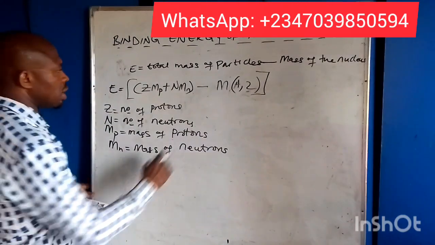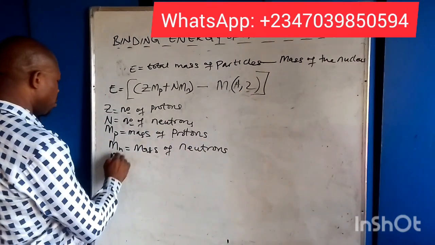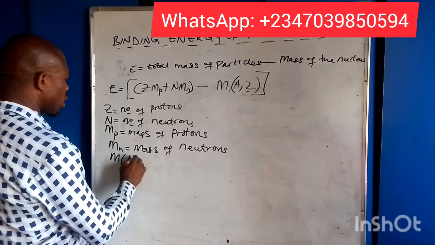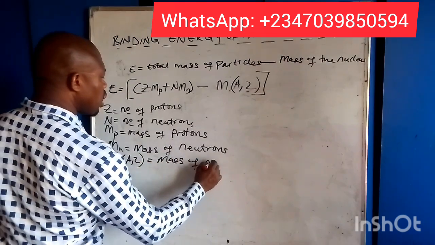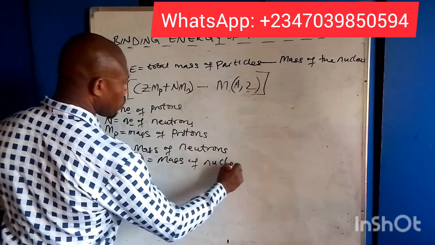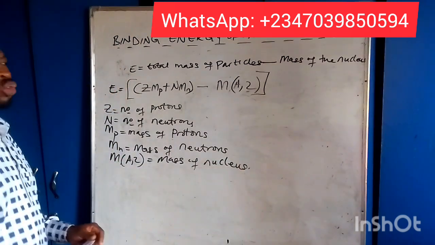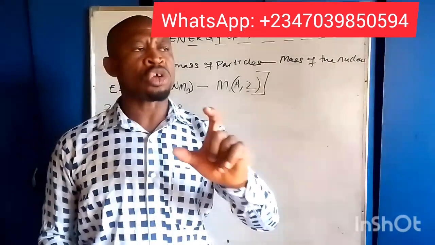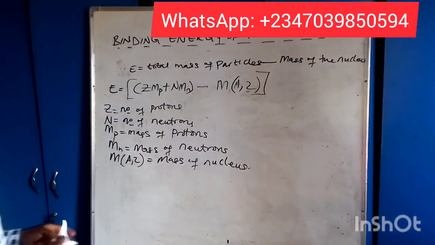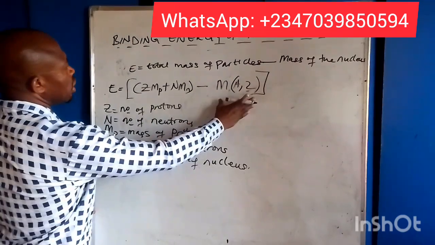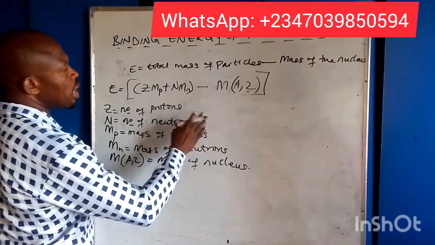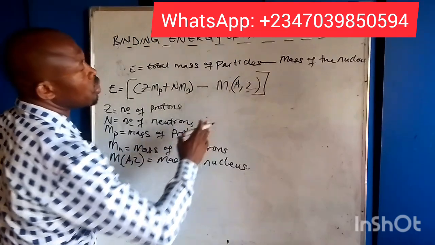So we now have that M of A Z is the mass of the nucleus. Now all of this is measured in joules.